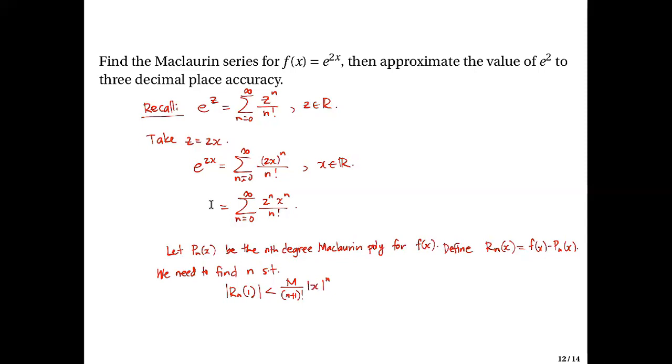But by the way, your x is equal to 1, so this one here is no longer present. And we want this to be less than or equal to 0.0005, because we want 3 decimal place accuracy. So 3 zeros and then the 5 here.